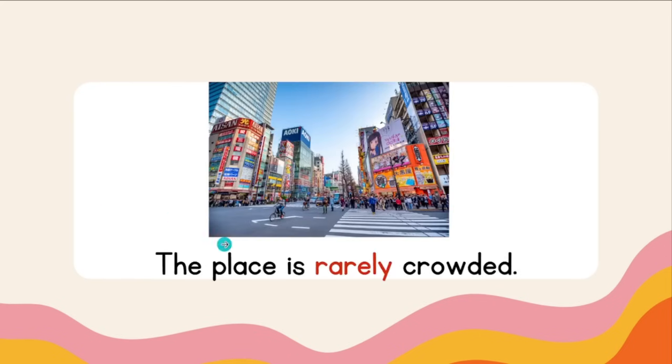The place is rarely crowded. So meaning, the word rarely is only like 10%. So this place may not always, or not every time, be full of people. It's not crowded. So that's why they use the word rarely.